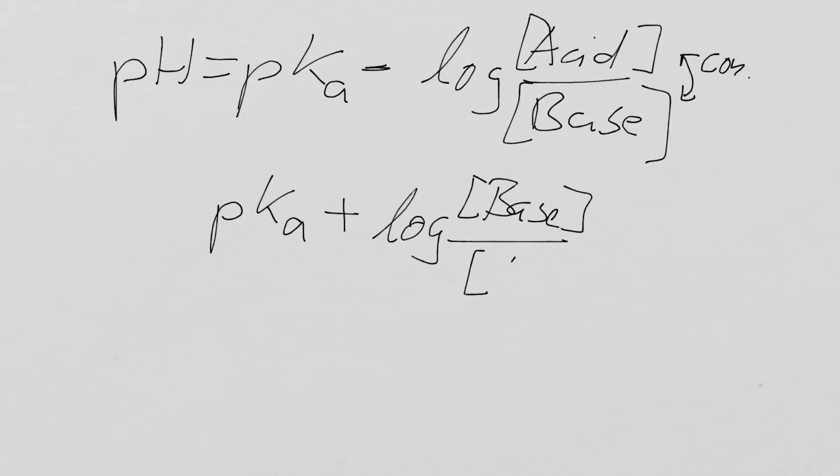Both forms are exactly identical mathematically. They just differ by the minus and the plus sign here and the ratio of acid to base or base to acid. It really depends on what you find easier to remember.